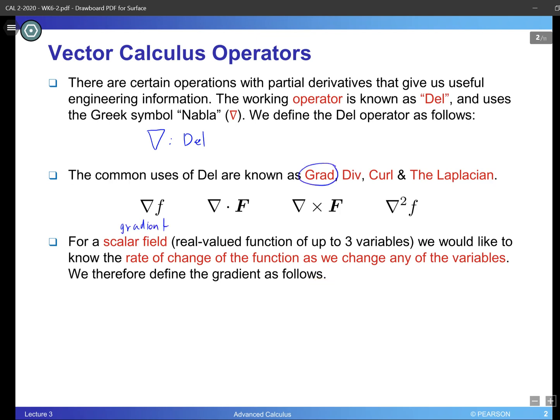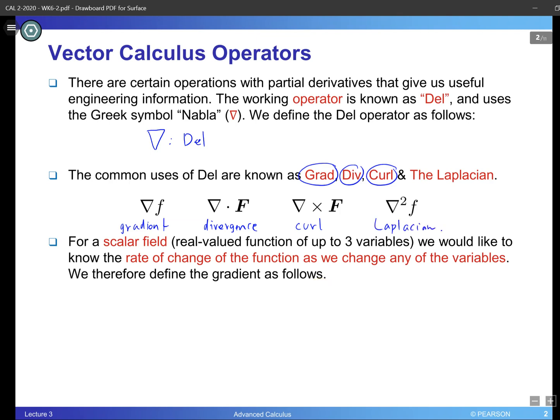So this is gradient of f. And then we can use this del to find the divergence of a vector field. Sometimes we call that div for short. And we can use this same del for curl. That is the third one, and the last one is Laplacian.